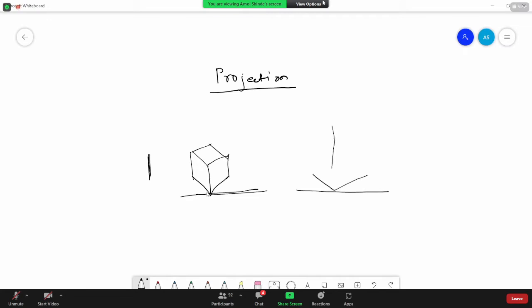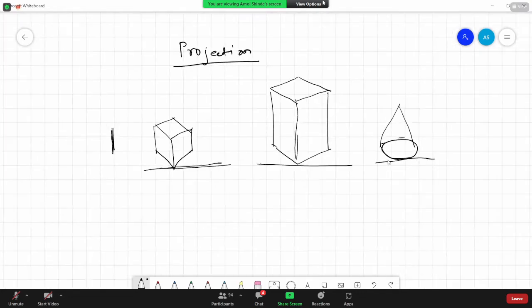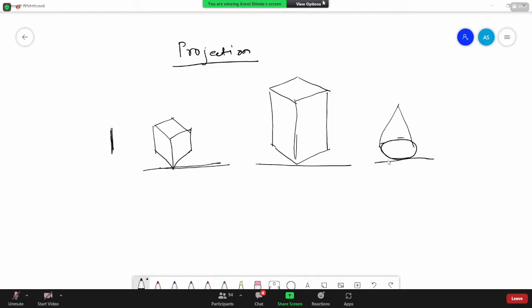Can you imagine this object? What are these solids? First one cube, second one cuboid, third one cone. Okay. So these are the regular solids, right?